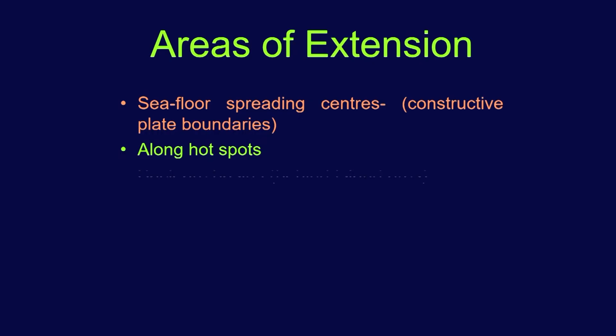So, areas of extension on a larger scale, if we see around the world, are the sea floor spreading, which we have already discussed, and these are termed as constructive plate boundaries, along with the hotspots. Then back arc basins are also extensional, and in Andaman we have the back arc basin also. The Andaman Islands are located somewhere like this.